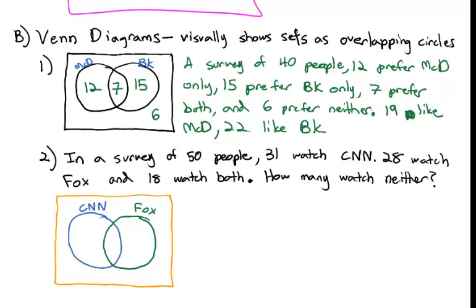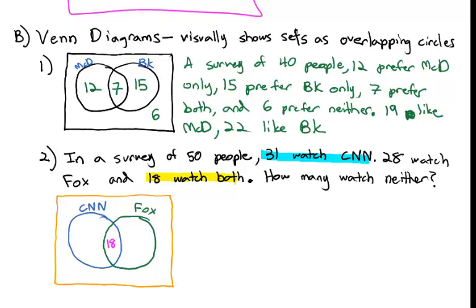So what's going to help us is to start in the center of the Venn diagram and work our way out to the outside. We see first that 18 watch both. So I'm going to put that in my diagram here. We've got 18 people overlapping watching both. There's a total of 31 who watch CNN.